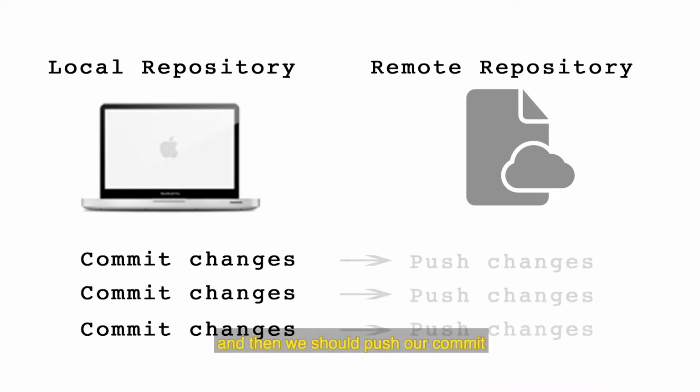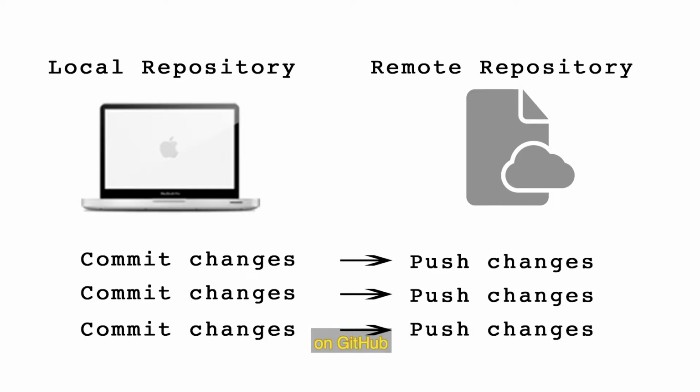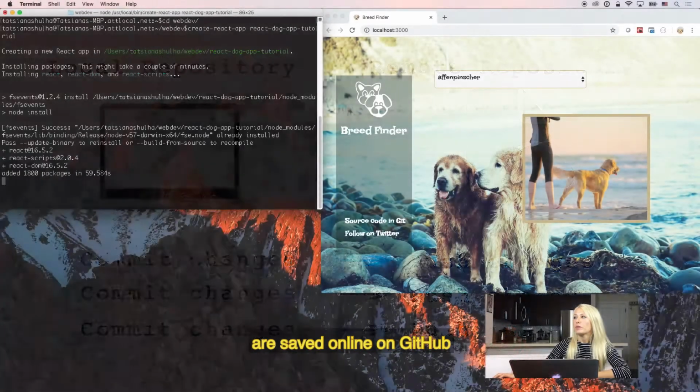And then we push our commit to GitHub, to our remote repository, which is stored online. So all the changes are saved online on GitHub.